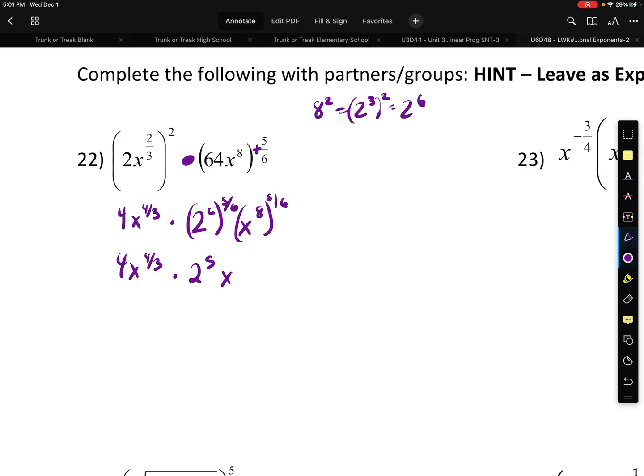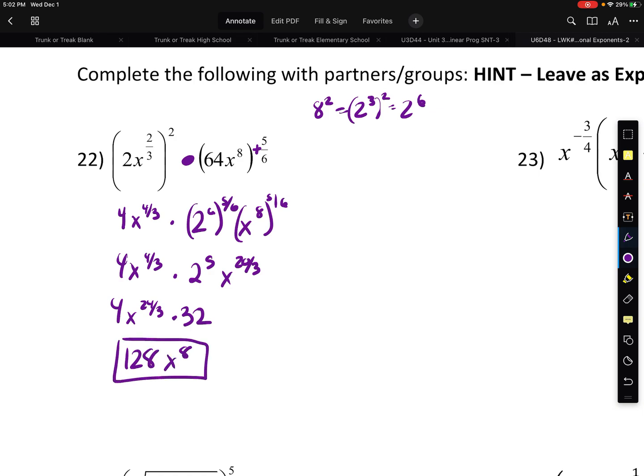This gives me x to the, we got 40/6, so 20/3. So I got now 4, I can combine the x's, x to the 24/3 times 32, which would give me 128 x to the 8th.